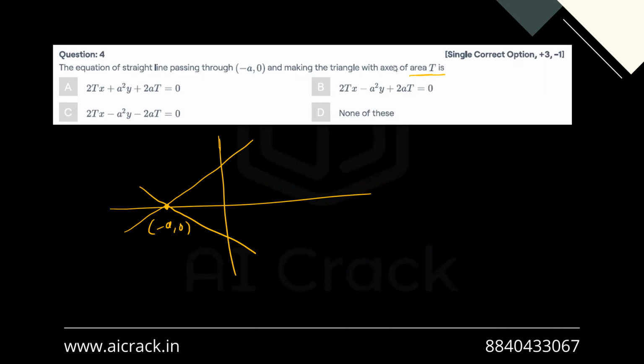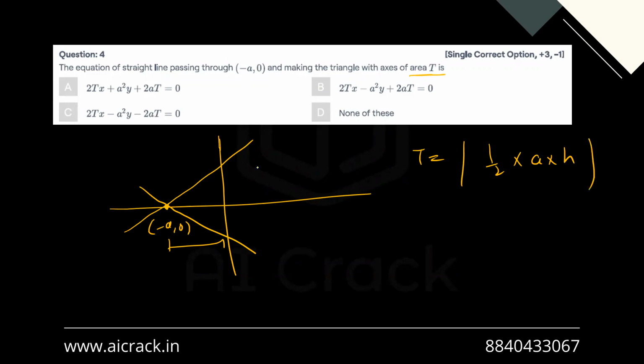Unless we are talking about the integral area, where we are just concerned with the integration. In that case, for the calculation part, we take the algebraic area, not the actual area. But in all the other cases, when we talk about area, that means simple modulus. Okay, so that would be t equals modulus of 1 by 2 into this length, which is a, into height.